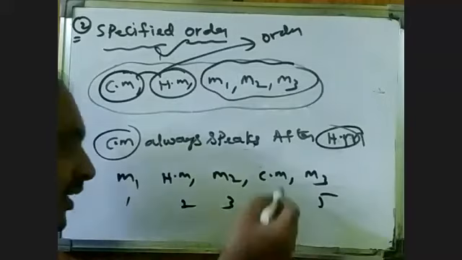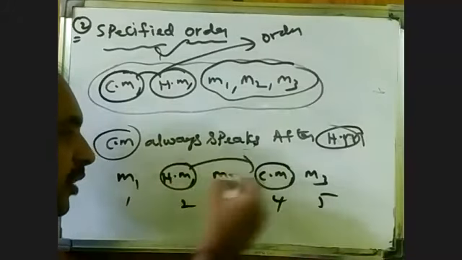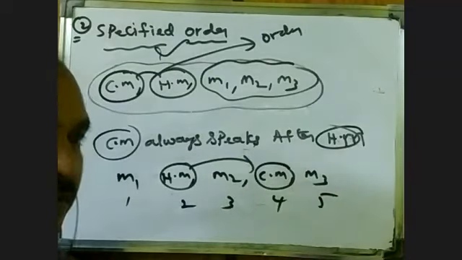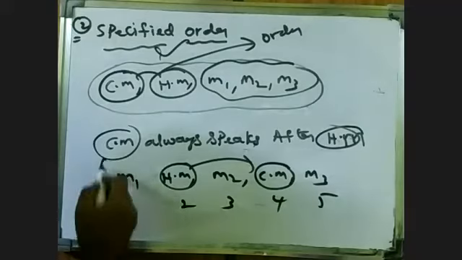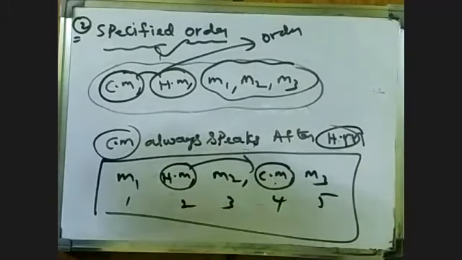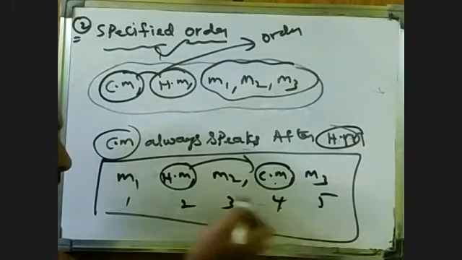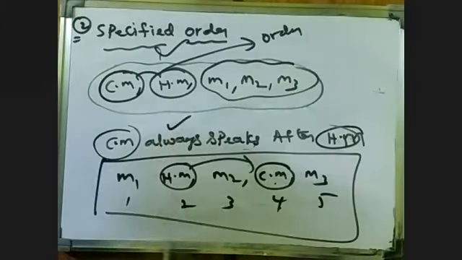CM will speak after Home Minister. Let us suppose this is an order. I arrange in such a way that CM should speak only after HM. CM is in fourth place, Home Minister is in second place. No doubt they are in a specified order. Yes, this order is satisfied.